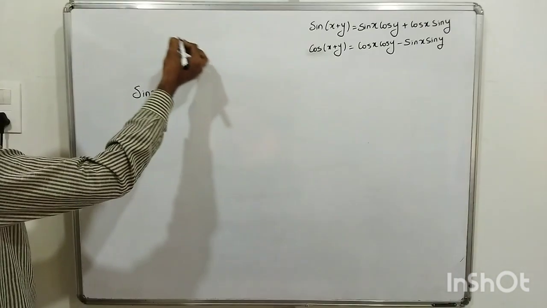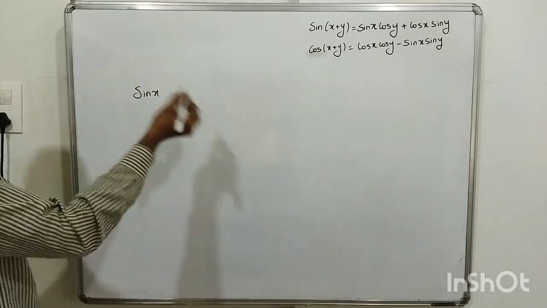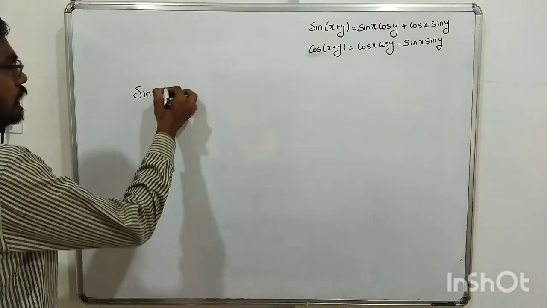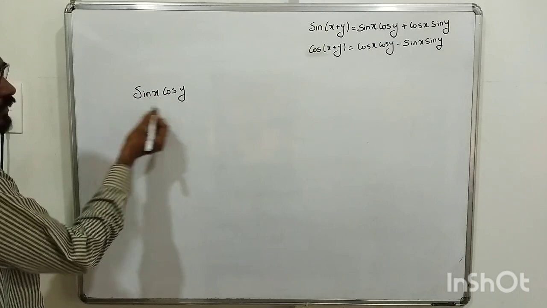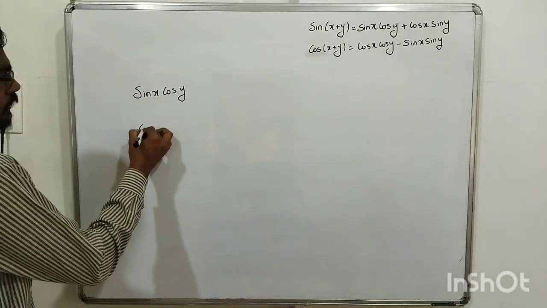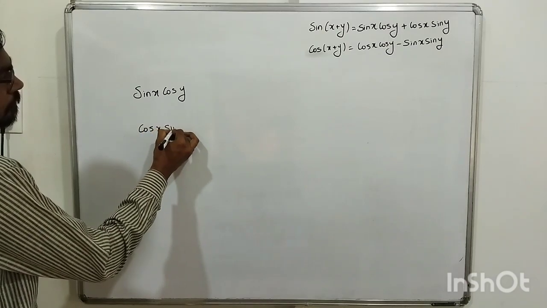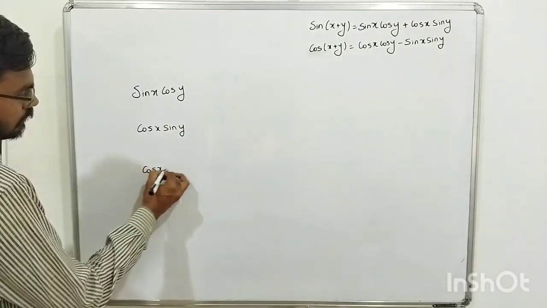Now defactorization formula, there are 4 formulas like this. See factorization formula we add sin x plus sin y, sin x minus sin y, cos x plus cos y, cos x minus cos y. Here we multiply sin x cos y. See sin x cos y, here we have sin cos, cos sin, sin sin, cos cos, all 4. Okay, sin x cos y, cos x sin y, cos x cos y and sin x sin y.